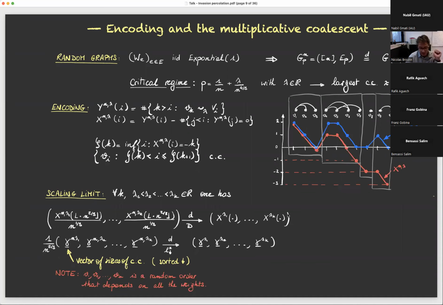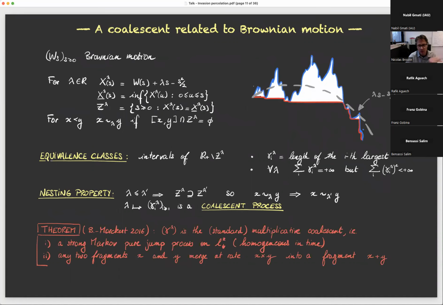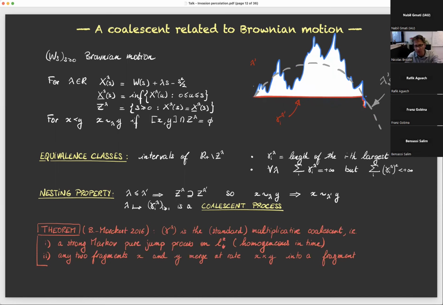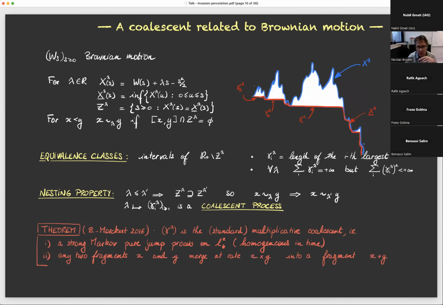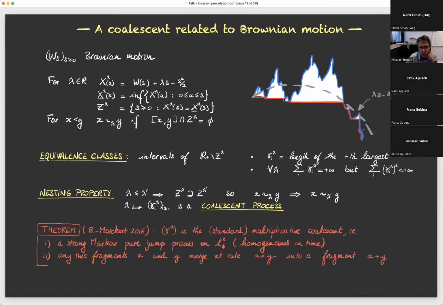But now that is very nice because what happens if you change lambda? If you change lambda, well, you see that the process increases, okay? And you remember that the sizes of the connected components are exactly the length of the intervals between the points where the process touches the infimum. But as you add the linear drift, you have less and less points where it touches. So you have this thing. You start with something like this for a small lambda. You increase lambda, so some points disappear.